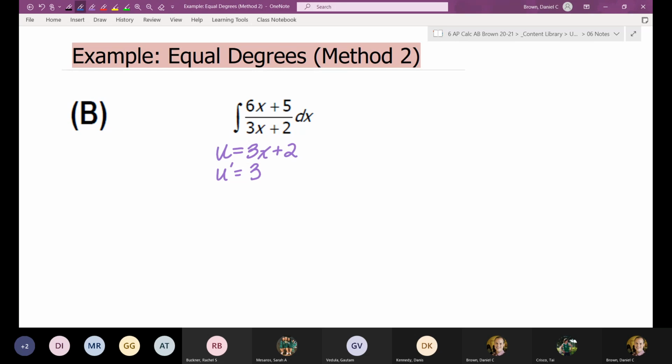So you look at this and you're like, man, I really wish I could simplify this. This is where you have to be a little bit clever with it. I wish this numerator could easily simplify with that denominator.